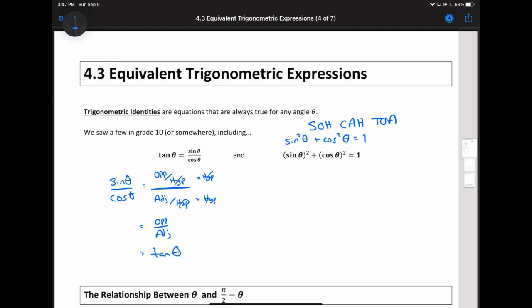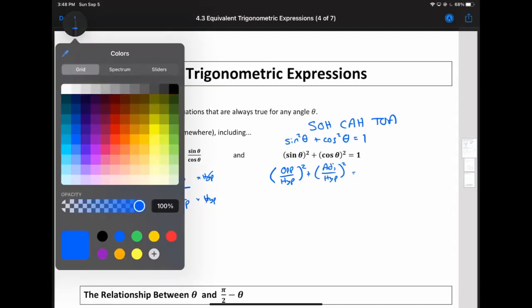Now this one here, if we do kind of the same trick, sine theta is by definition opposite over hypotenuse. Cos theta is adjacent over hypotenuse. Oops, I shouldn't use an equal sign because I'm trying to prove they're equal.